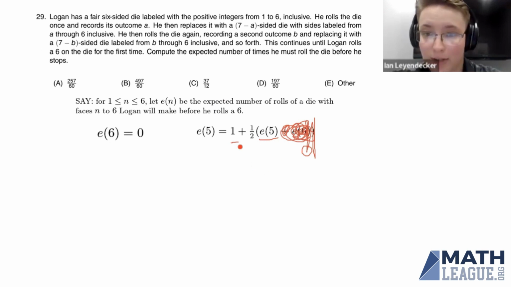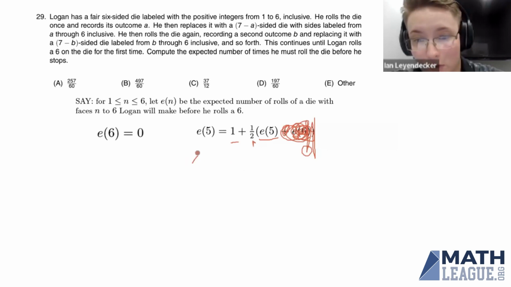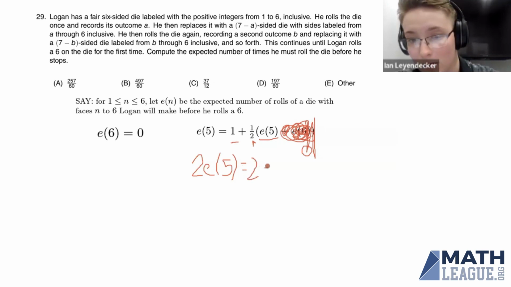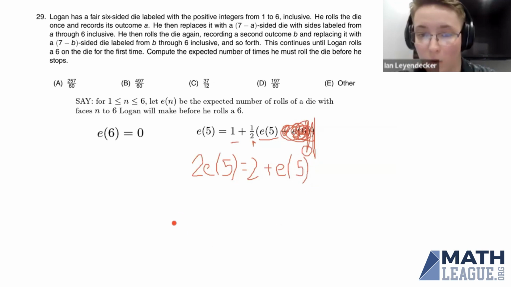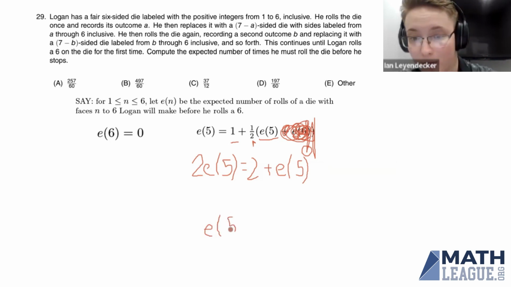If we multiply both sides by 2 to get rid of this fraction, we get 2 e of 5 equals 2 plus e of 5. Or, simplifying, we get that e of 5 is equal to 2.